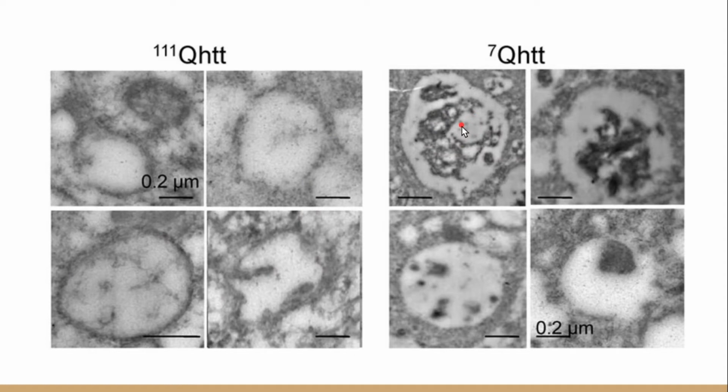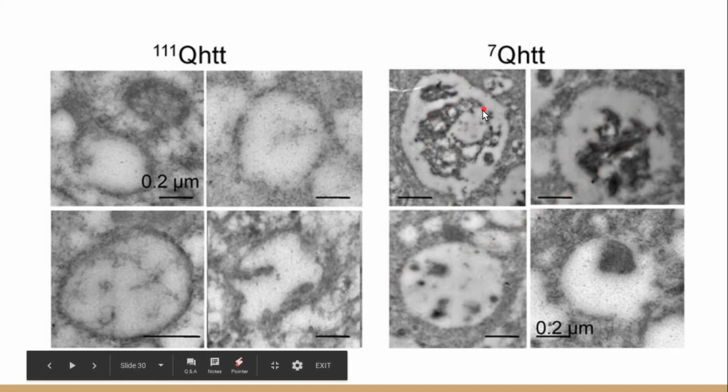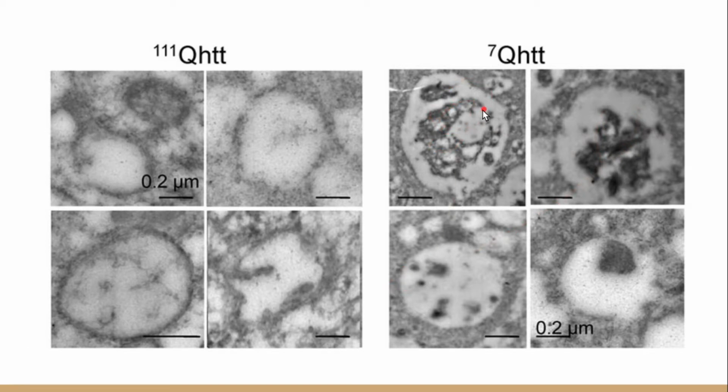Normally, autophagosomes have the remnants of degraded organelles in them, such as mitochondria. And although I didn't grab a slide for it, it also seems to be an abnormality shared between mouse models and the human condition.